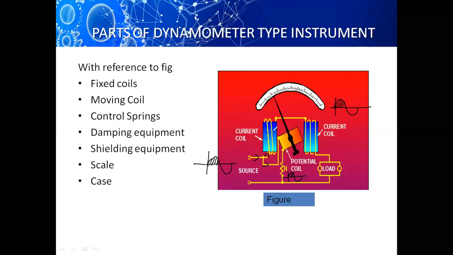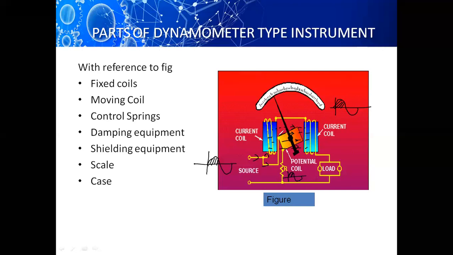Now because of the current through the current coil, there will be magnetic lines of force as shown in the figure. Say it is in this manner for the positive half cycle. Because we have a current carrying conductor placed in a magnetic field, it should experience a force.